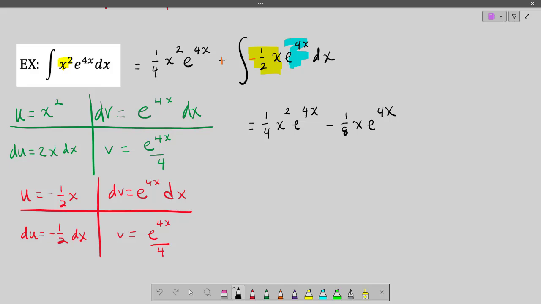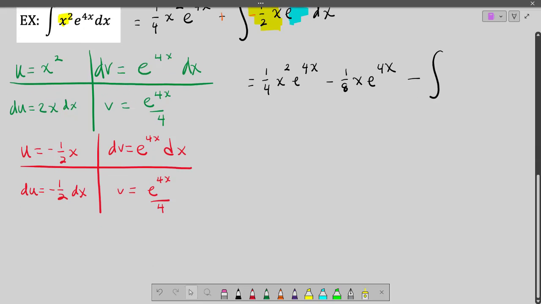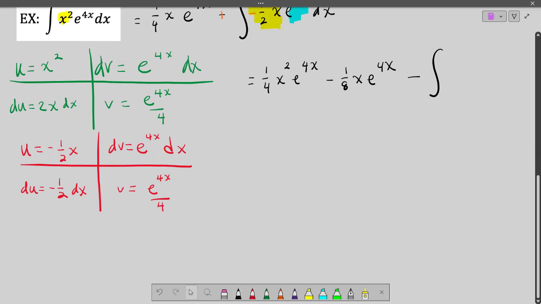So there's uv minus the integral of v du. I look down at v, du is negative. So if v du is negative, that negative makes that negative a positive, and we're going to have 1/8 e to the 4x dx.